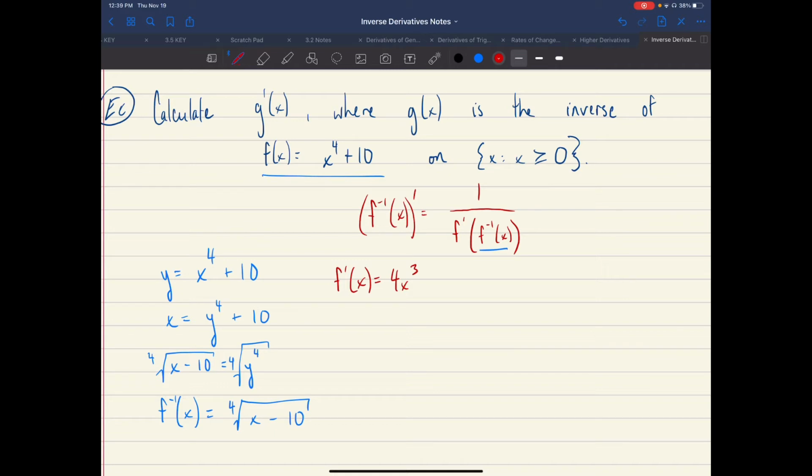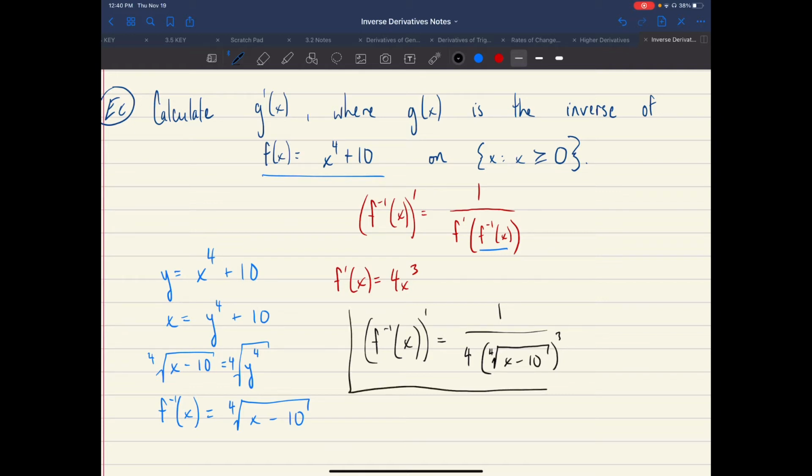If I sum this all up, f inverse prime of x equals 1 over f prime of the inverse. Let's plug the inverse into the derivative. So this would be the fourth root of x minus 10 plugged into 4x cubed. Just like that. So that is the derivative.